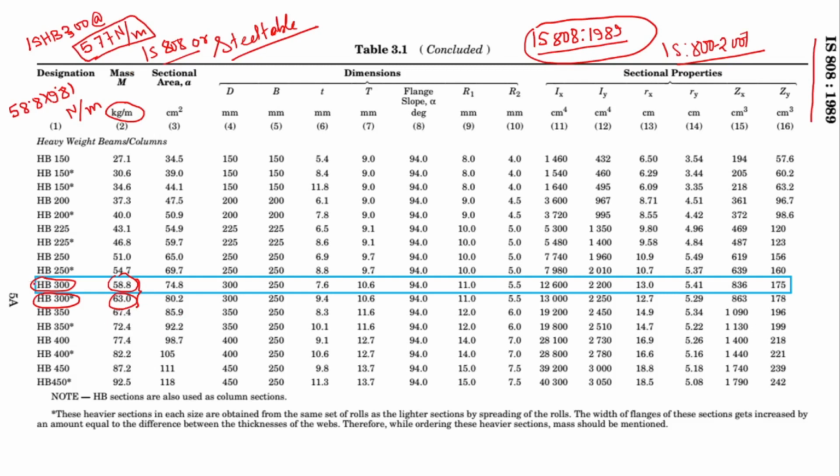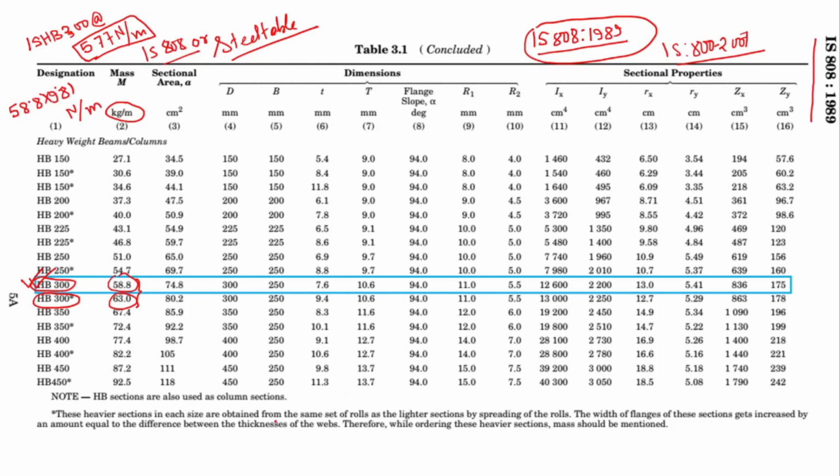So in this question, as they have mentioned ISHB 300 577 Newton per meter, we are going to use the properties of this section, ISHB 300 at 58.8 kg per meter or 577 Newton per meter, both are the same.